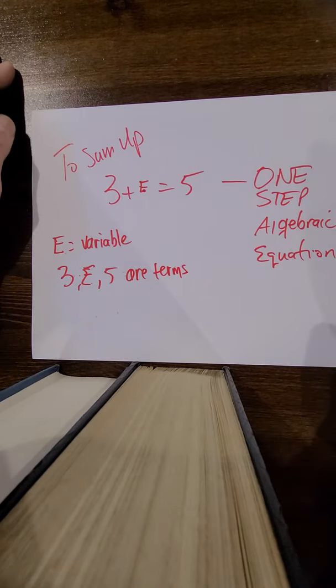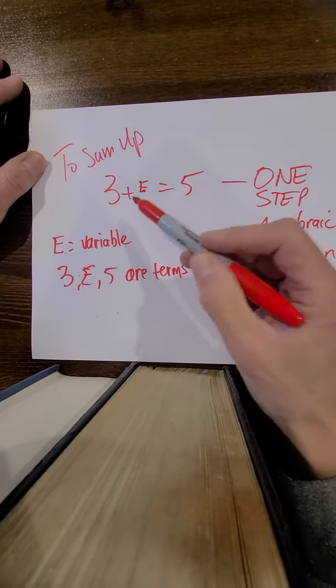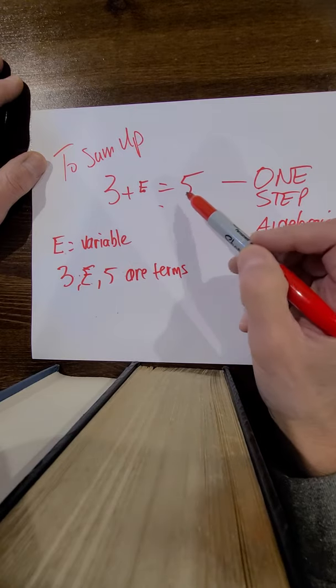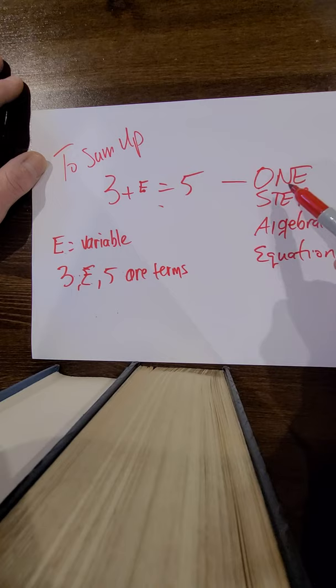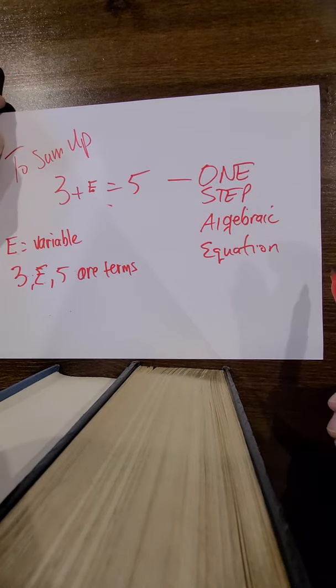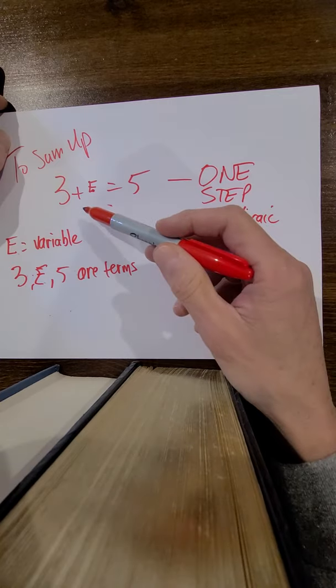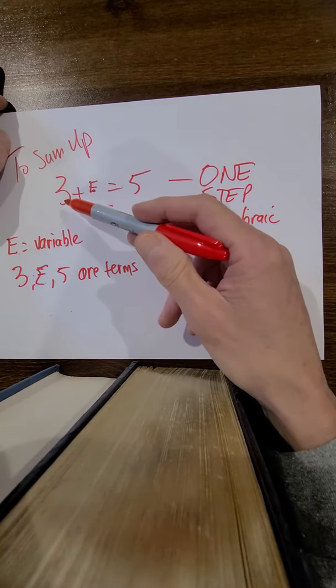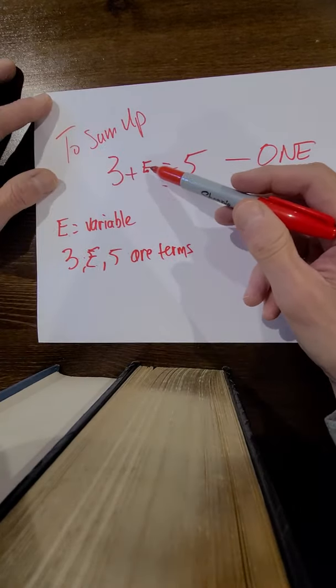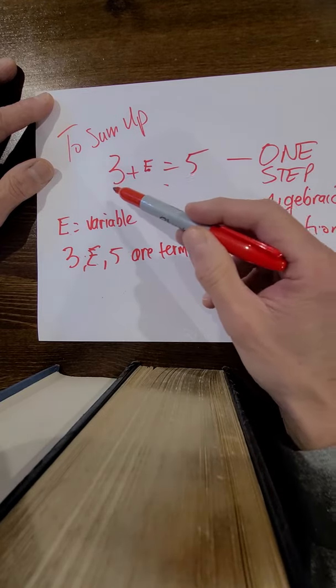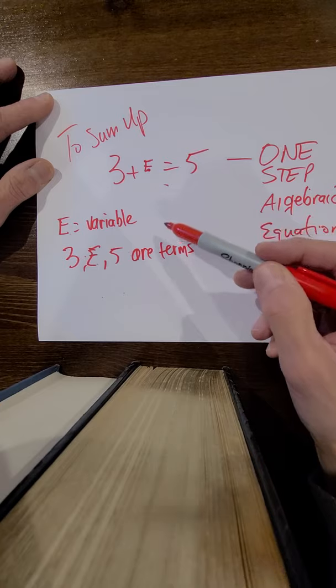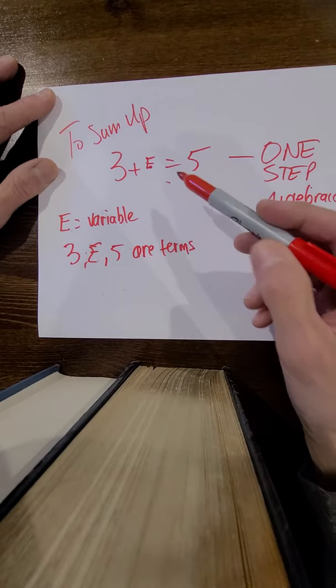All right, so let's sum up our video here. Okay, so remember 3 plus e equals 5. So this type of equation in algebra is known as a one-step algebraic equation. Because basically you only have one step to do. That's get rid of this 3. Okay? E is a variable. 3, e, and 5 are known as terms. Okay?